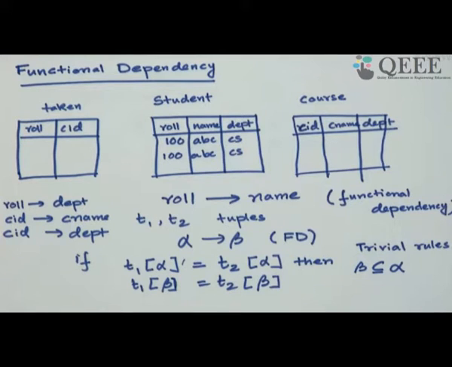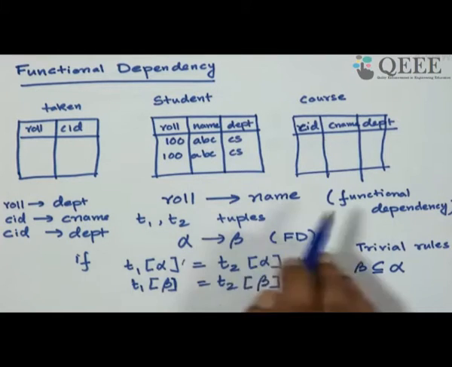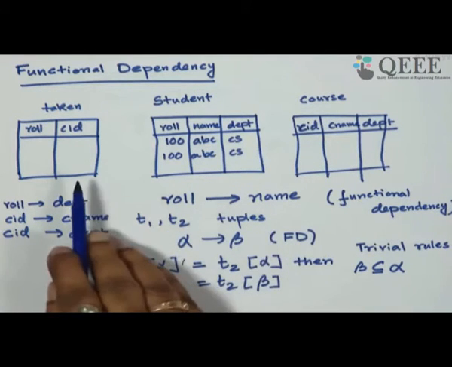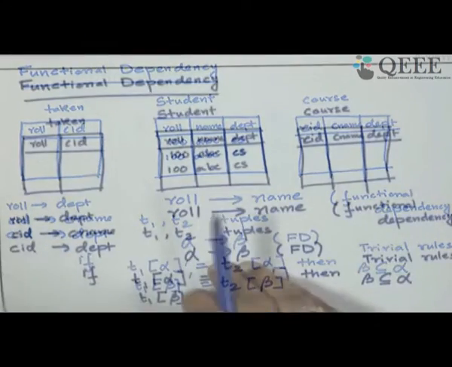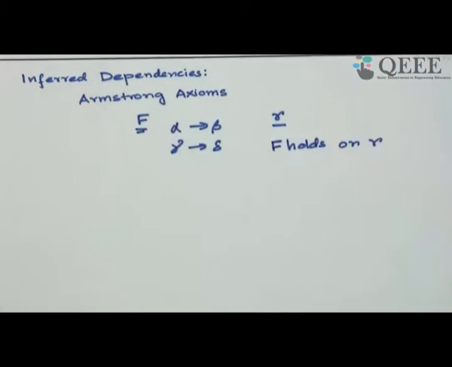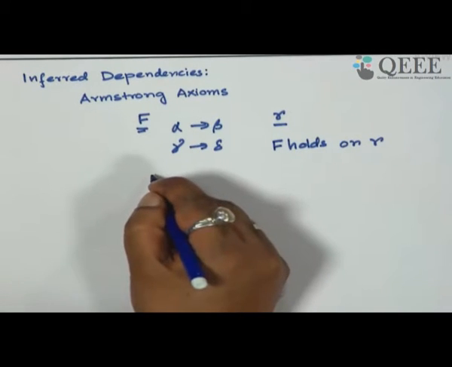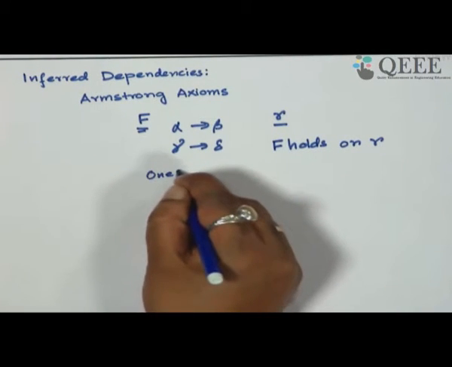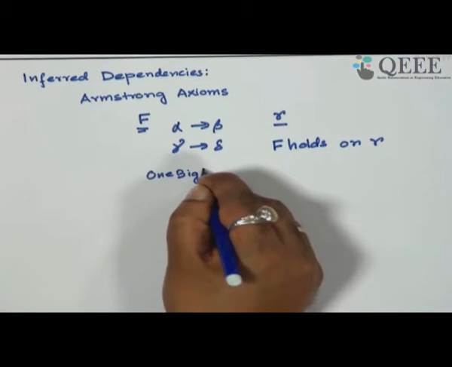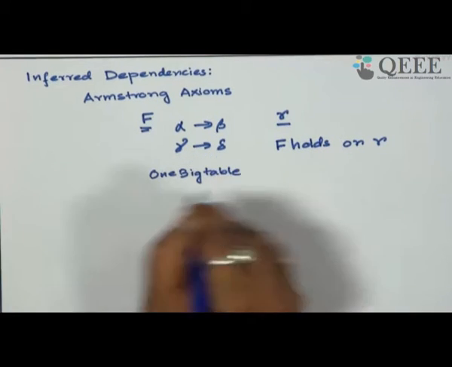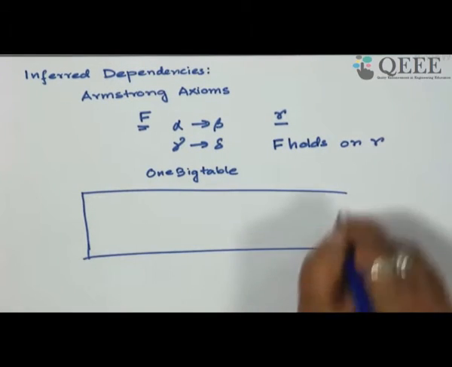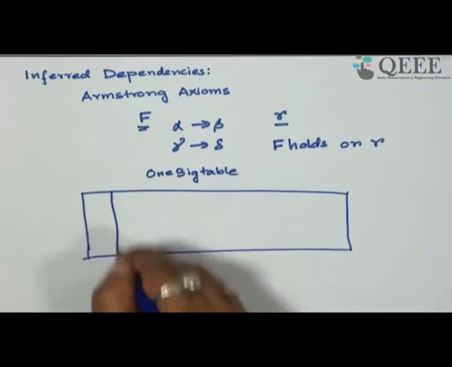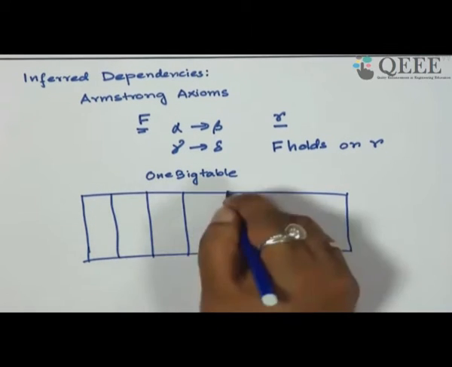Suppose I have this information, the student versus course and all this, and I have made 3 tables for them: one for student, one for course, one for takes. Instead I could have made one table, let's say one big table. And there I have all the information.